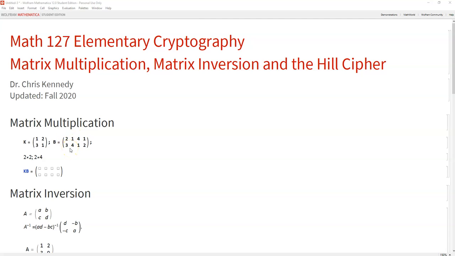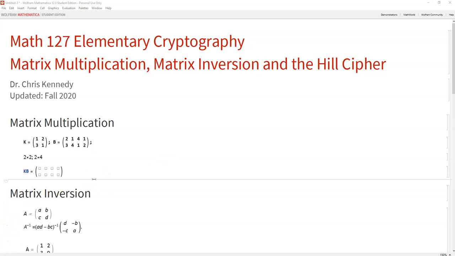We move across the rows of K and down the columns of B. To find the entry in the IJ position, I use row I of K and column J of B. So if we wanted the 2-3 entry of the product, I would use the second row of my first matrix and the third column of my second matrix.